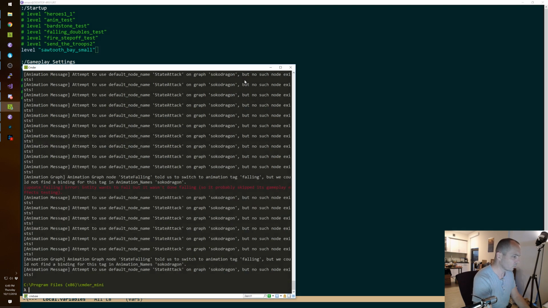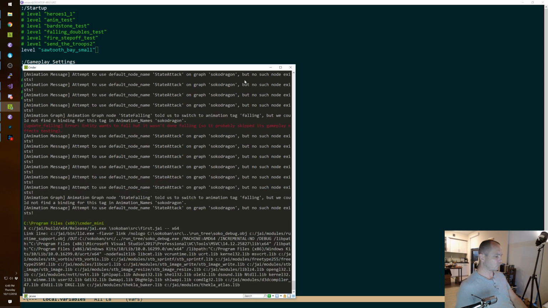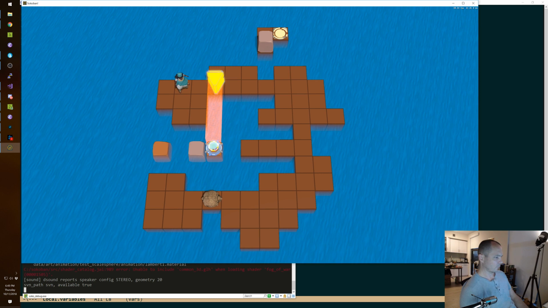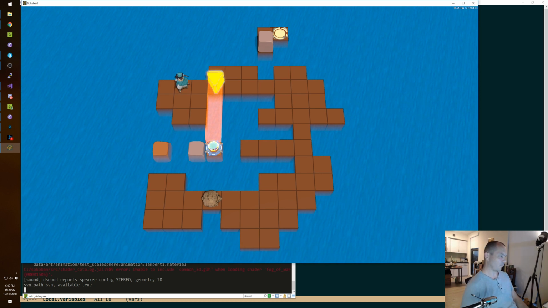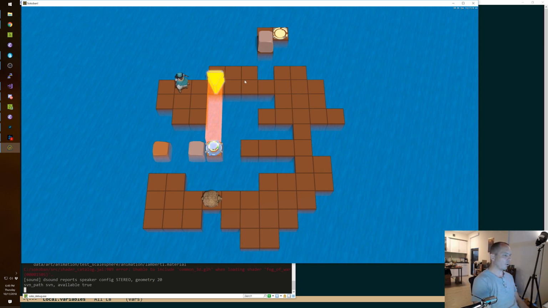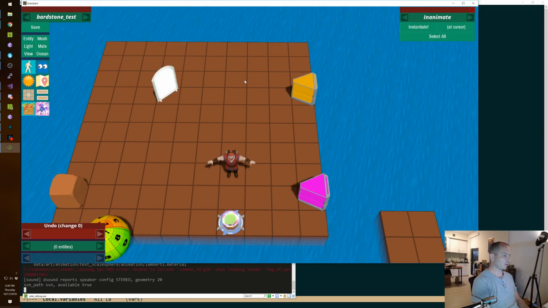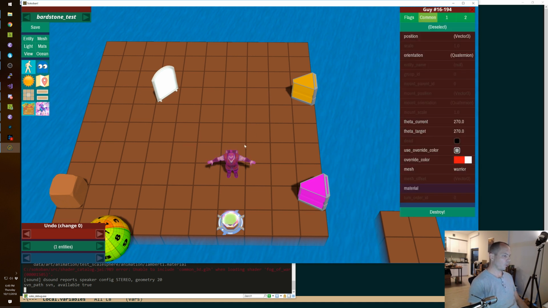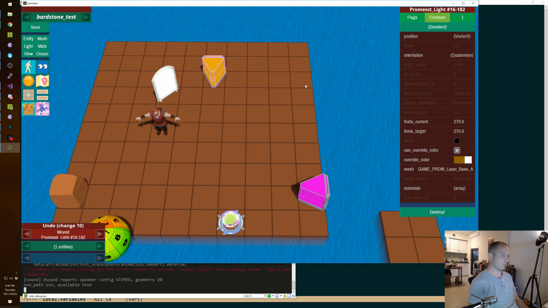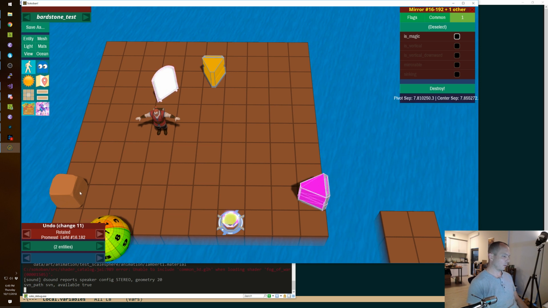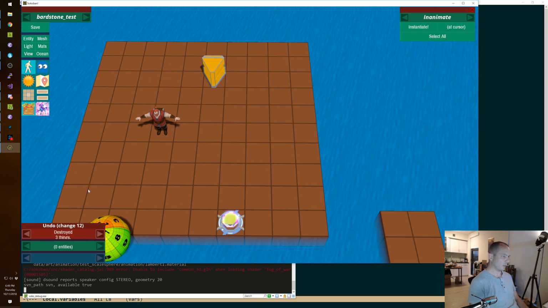Actually, let's not even do this here. Let's do it on this test level. So if I'm here and there's a double beam, then that should let me skip a stone across barriers.